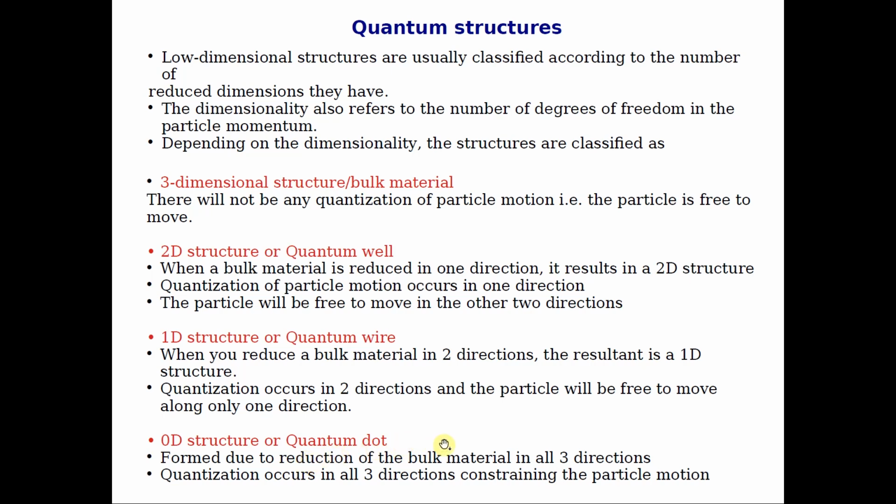You have now reduced the bulk material in all three dimensions, so quantization or confinement of the particle takes place in all three dimensions. The particle is not at all free to move in any of them. So you get a quantum dot.